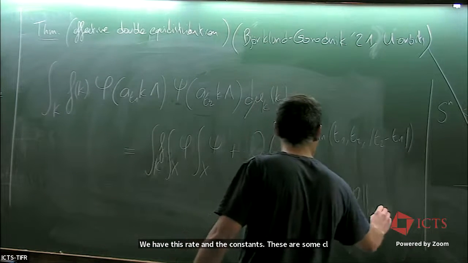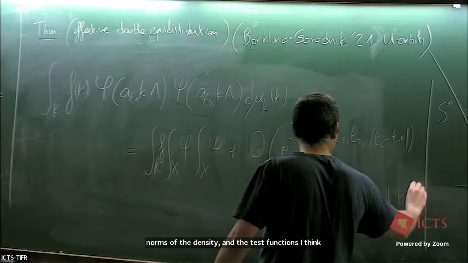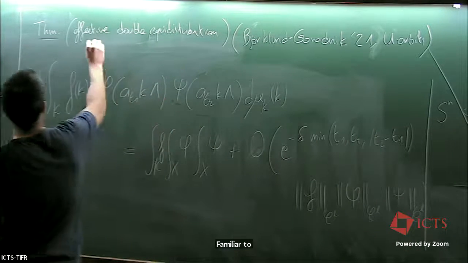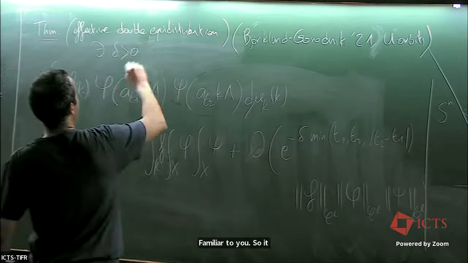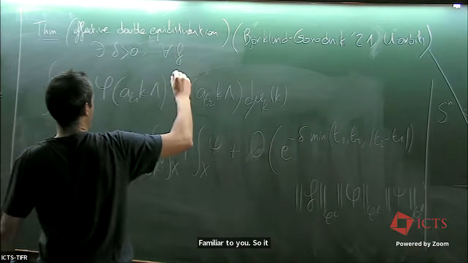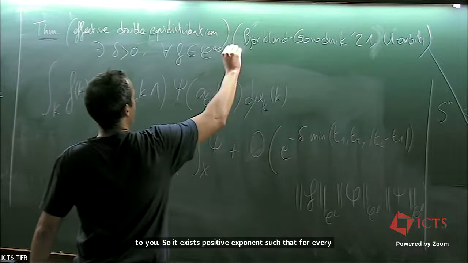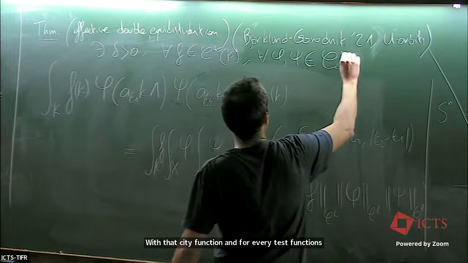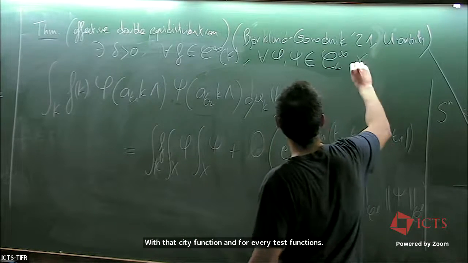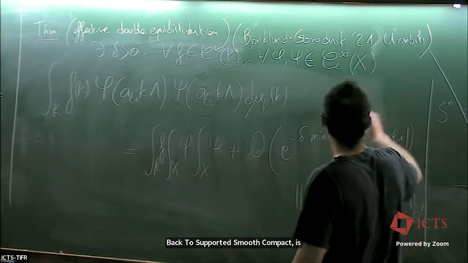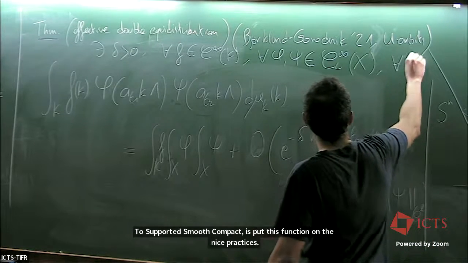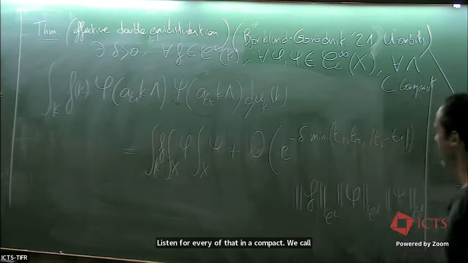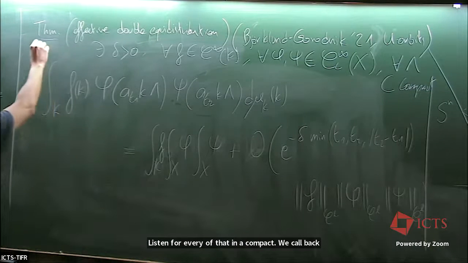I think these kind of results are familiar to you. So yes, there exists a positive exponent such that for every smooth density function and for every smooth compactly supported test function on the space of lattices, and for every lambda in a compact set, we have this exponential equidistribution.